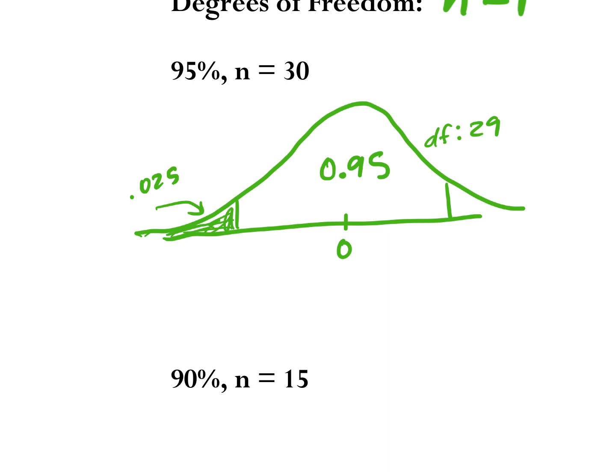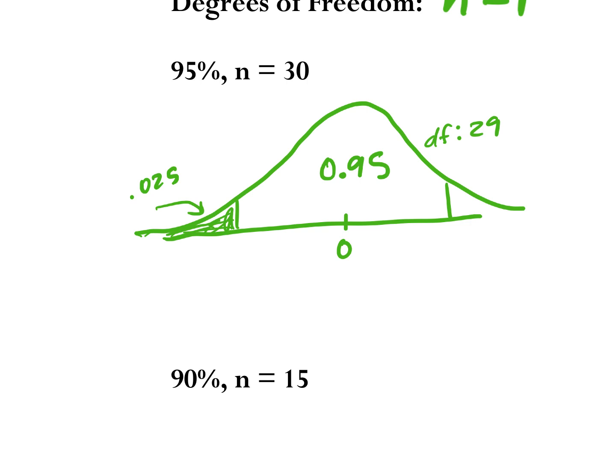Now, how did we actually figure out what the boundary is? Inverse norm. Can I use inverse norm? No, because I don't know the standard deviation. However, go ahead and pretend to use inverse norm real quick. At least do that first step of hitting second vars. See anything that might help?